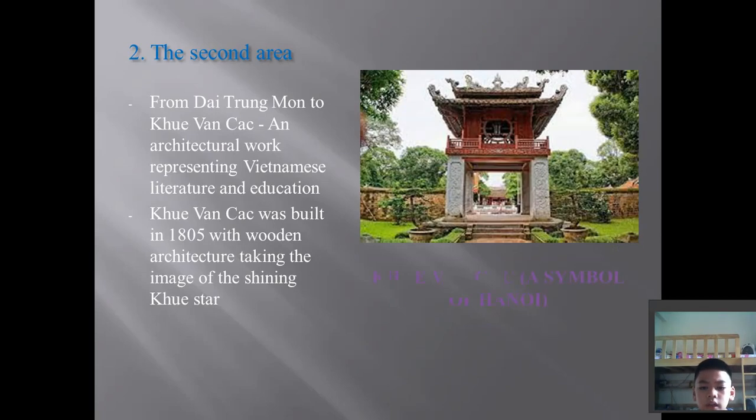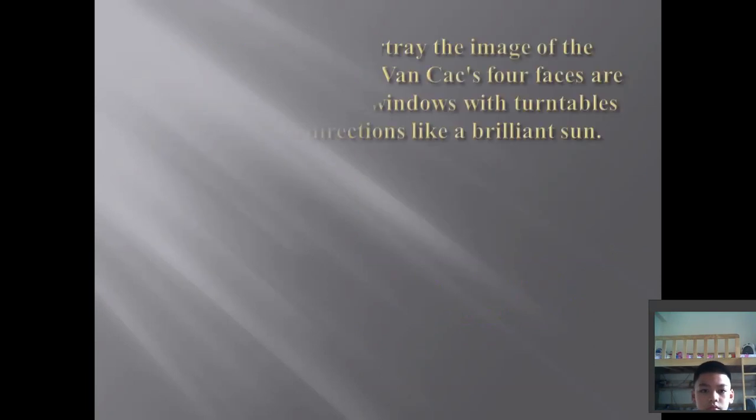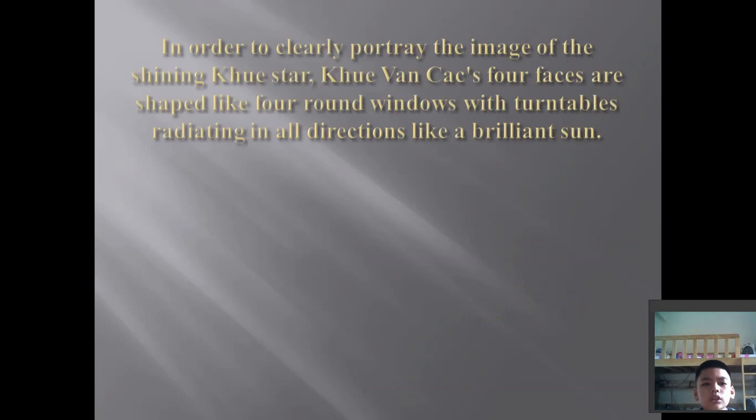This is Khuê Văn Các, known as the symbol of Hanoi. To clearly portray the image of the shining Khuê star, its four faces are shaped like four round windows, with terminals radiating in all directions like a brilliant sun.